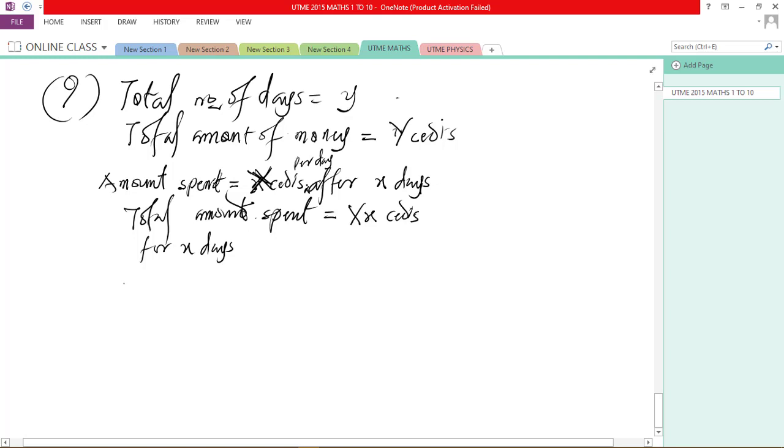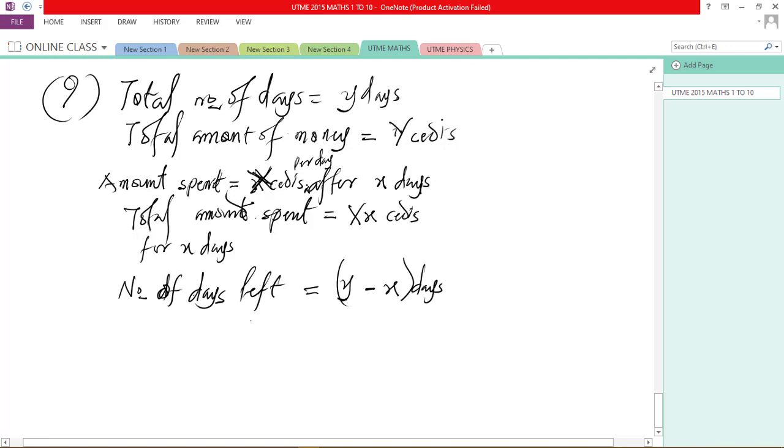So the number of days left will now be the total number of days minus the number of days spent. So this is the number of days left. This is the number of days spent. So now the amount left after spending will be what?